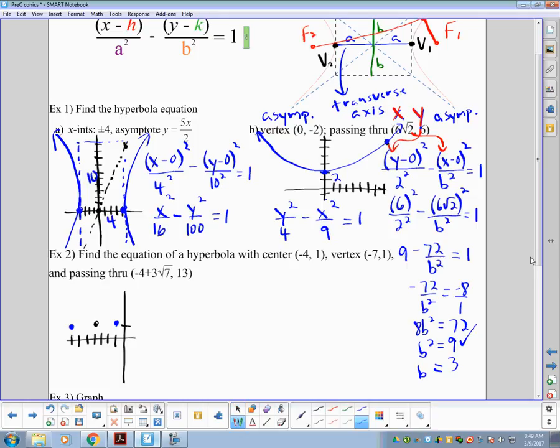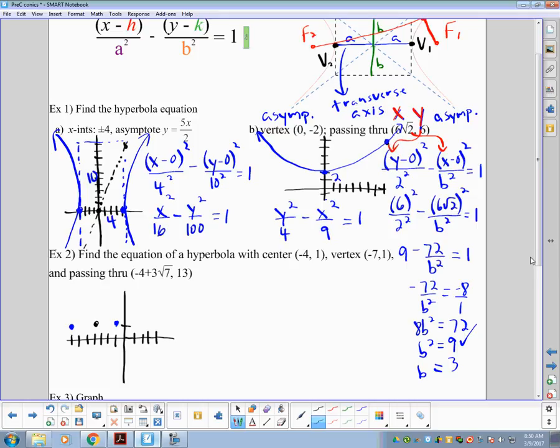Can you tell me approximately what the x value of -4 plus 3 root 7 is? You might need your calculator to do that. So -4 plus 3 root 7, approximately what is the value of that? 3.9. Okay, so about 4. So I got to come out a little bit farther here.